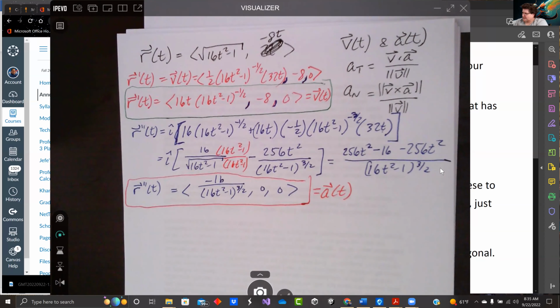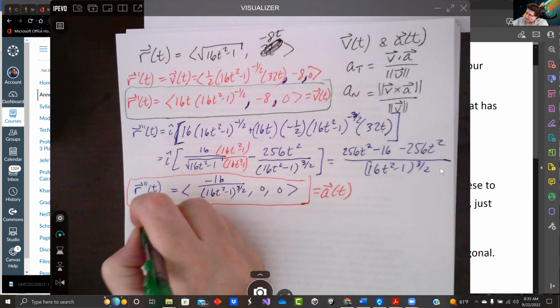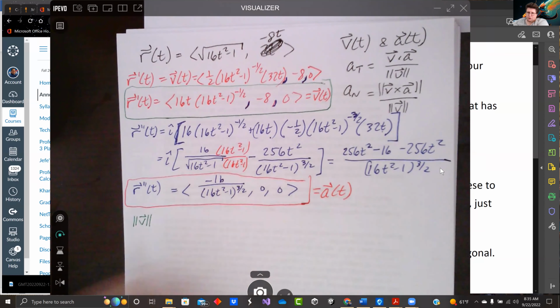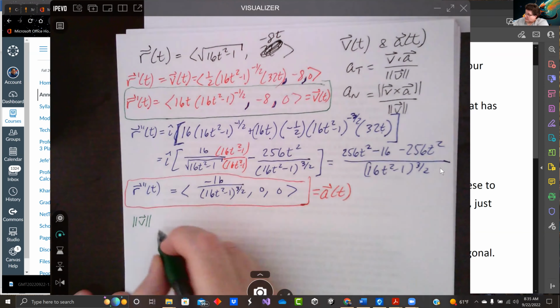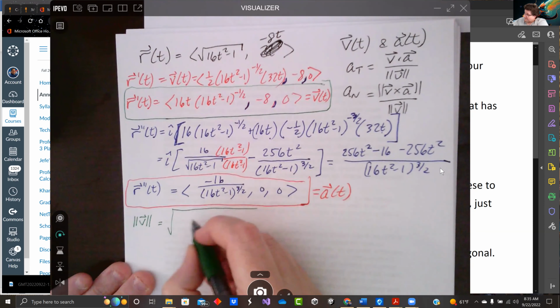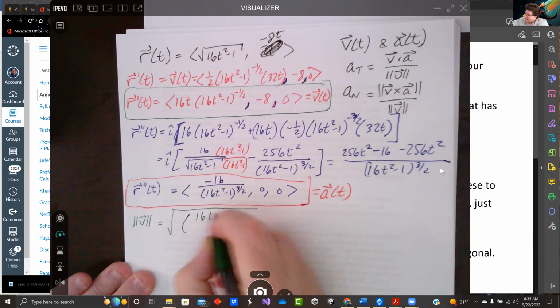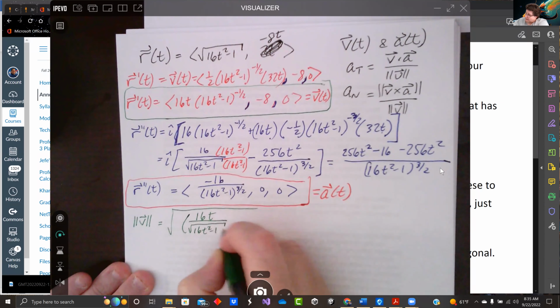All right, so we've got V of t, we've got A of t. We need the magnitude of V. Maybe we should do that real quick. Well, however quick, real quick is relative, right? So we have the square root. I've got 16t over the square root of 16t squared minus 1.